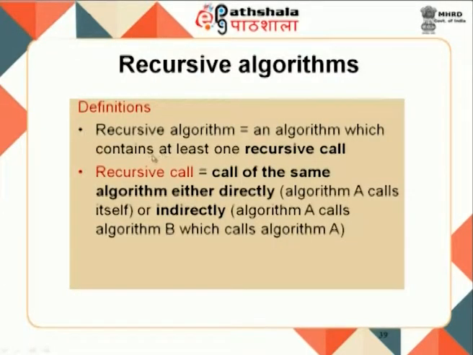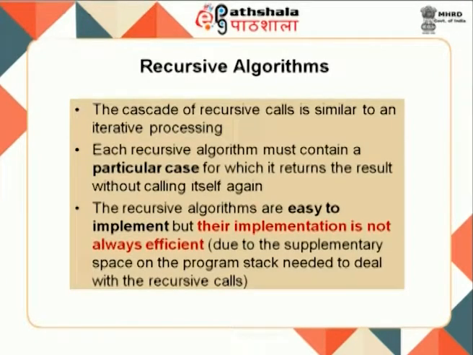Next is recursive problems. The definition of a recursive algorithm is an algorithm which contains at least one recursive call, which we have already seen. A recursive call of the same algorithm may be either direct, where A calls itself, or indirect, where algorithm A calls B, which in turn calls A. The cascade of recursive calls is similar to iterative programming, and each recursive algorithm must contain a particular case for which it returns the result without calling itself, that is the terminating condition.